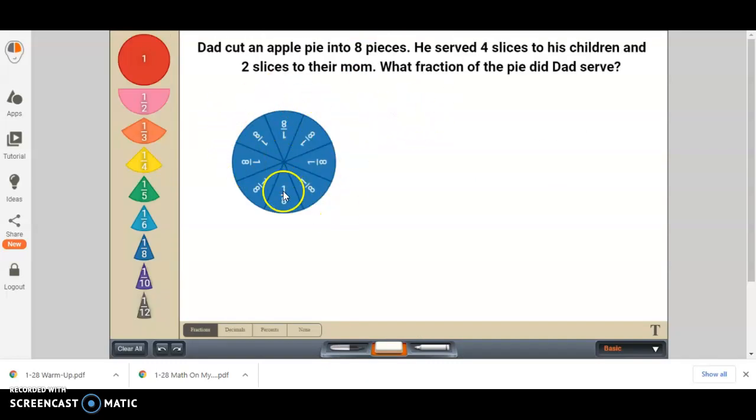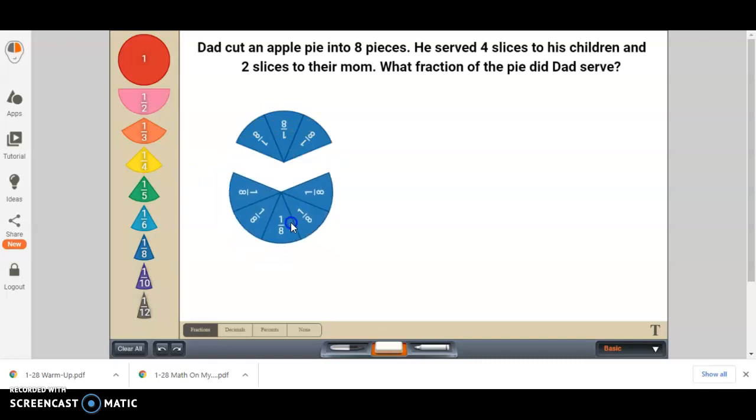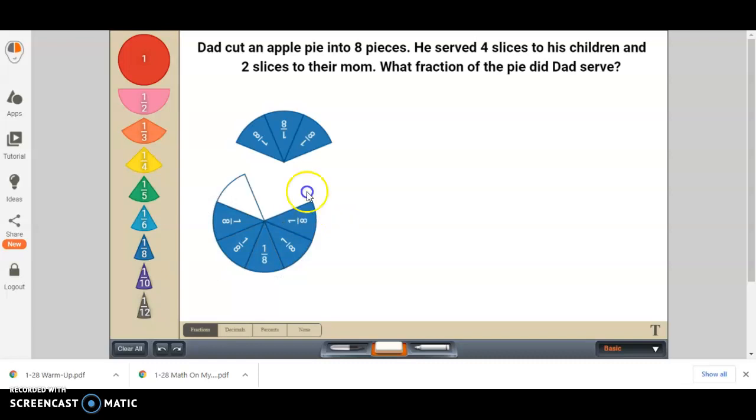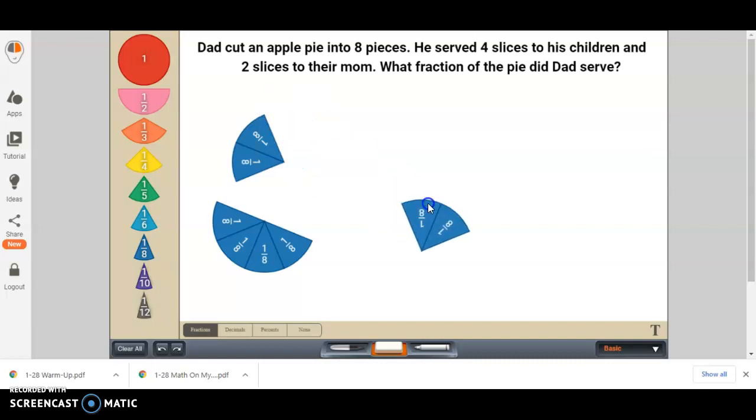Now we have a pie. So even though it is now a circular fraction, we still have that 8 pieces make a whole. So let's see. Dad cut an apple pie into 8 pieces. He served 4 slices to his children. Okay, so let's see if I can grab 4 of these. It's gonna be tricky. There we go. So 4 slices for his children and 2 slices for the mom.